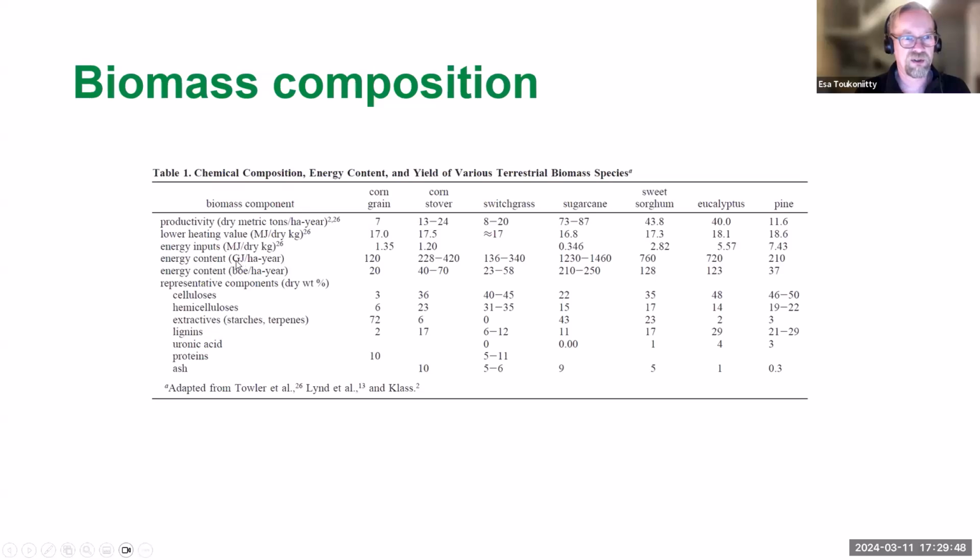Energy content is gigajoules per hectare per year. So it's about the productivity when you cultivate it. Oh, okay. And the BOE refers to barrel of oil equivalent per hectare.